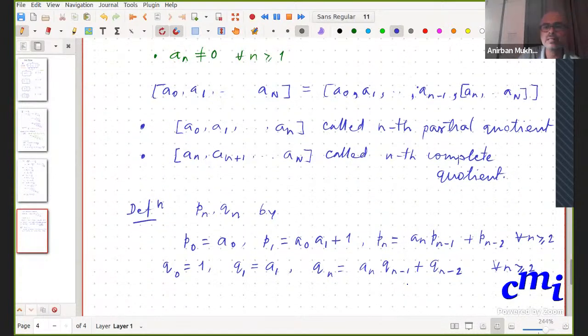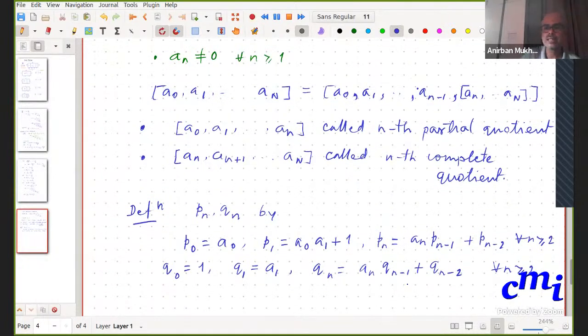I just gave it a wrong name. These are called convergents. Sorry about the confusion. So these are called nth convergents.